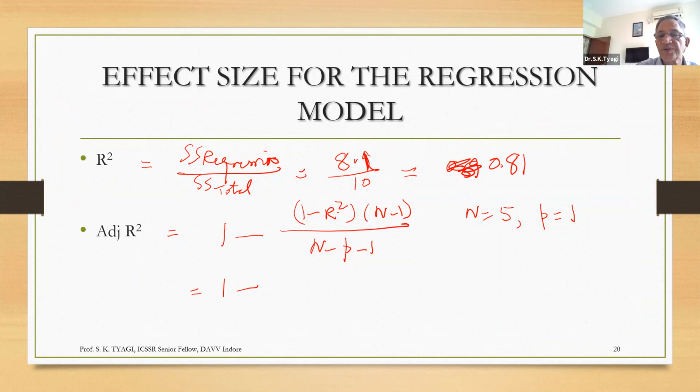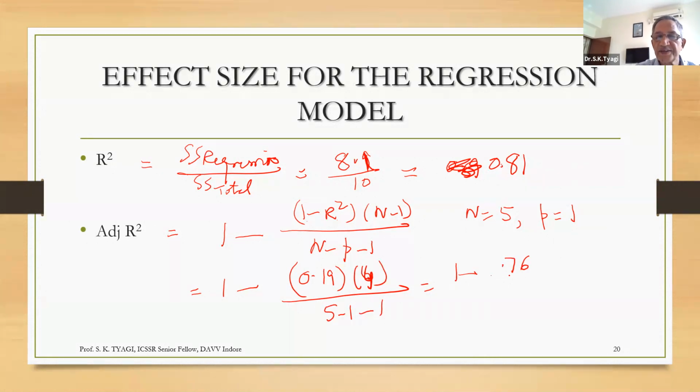Now 1 minus R square is 1 minus 0.81, which is 0.19. Multiplied by n minus 1, which is 5 minus 1, is 4, divided by 5 minus 1 minus 1. So 1 minus 4 multiplied by 0.19. This is 0.76 divided by 3.